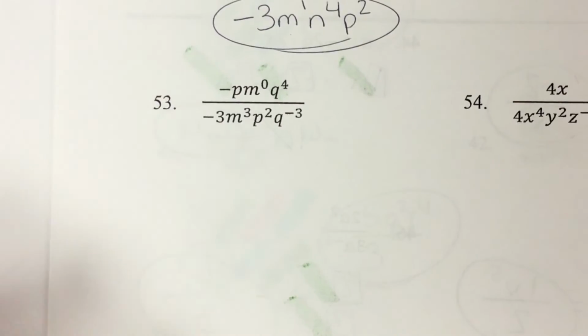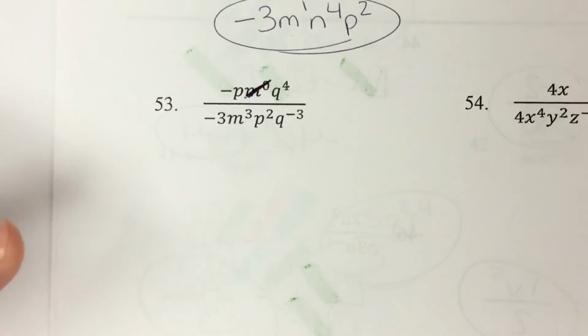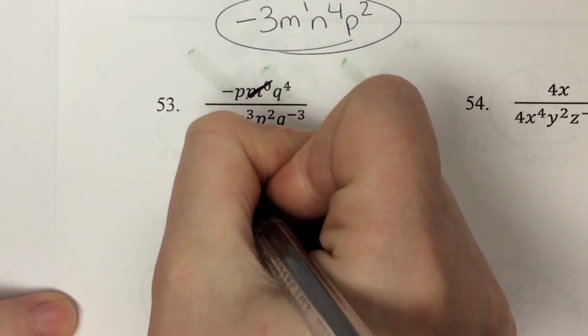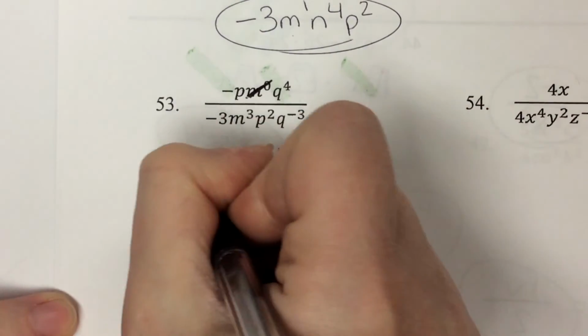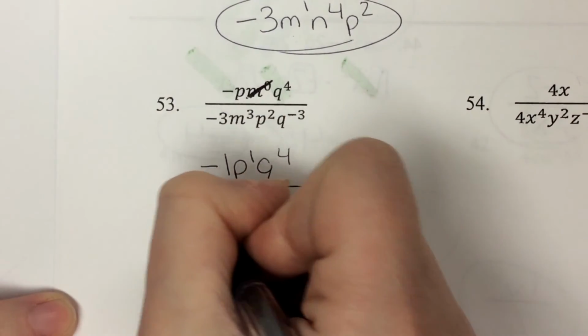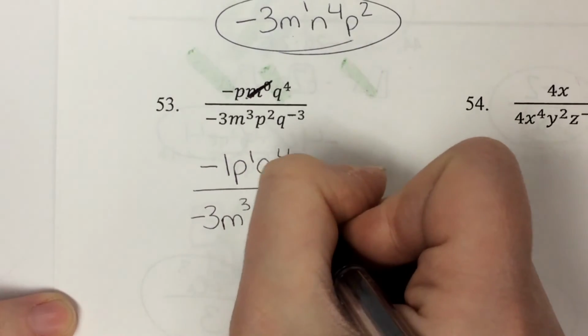Before I even jump into things, I notice right here I've got a 0 exponent. Get rid of it. All right, so we have negative 1p to the first power, q to the fourth, divided by negative 3m cubed p squared and q to the negative third power.